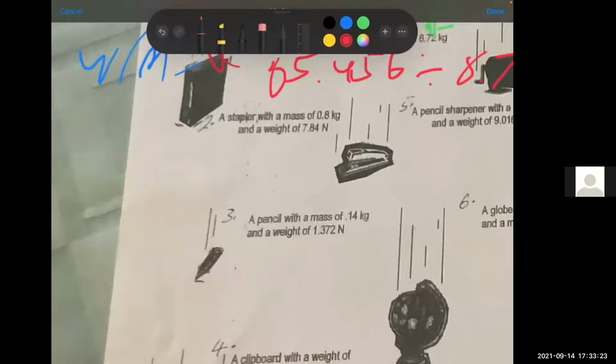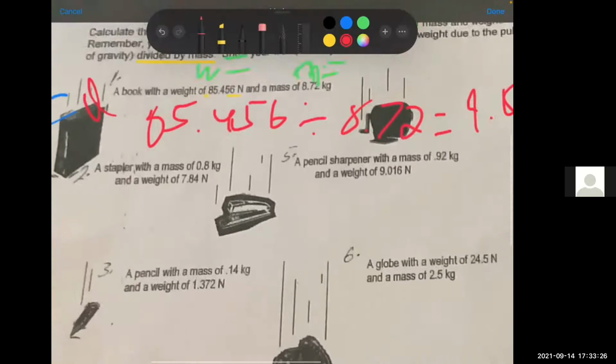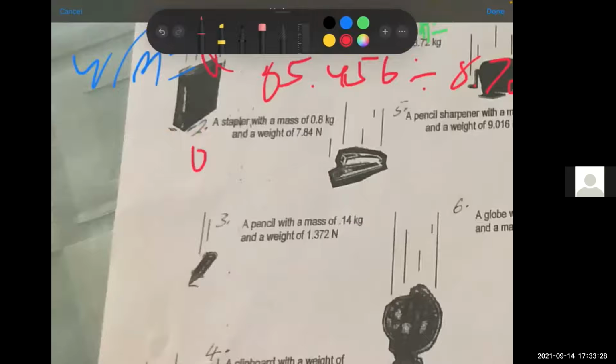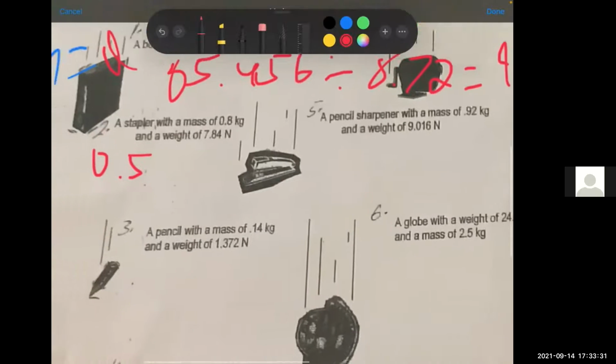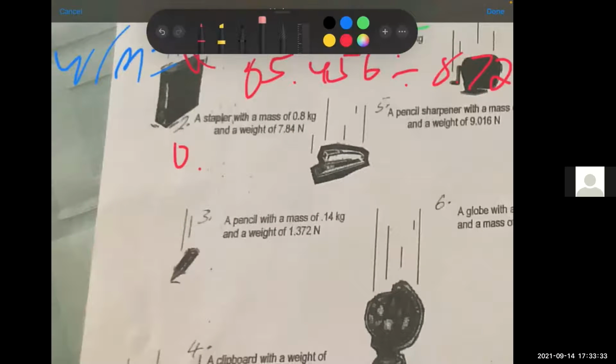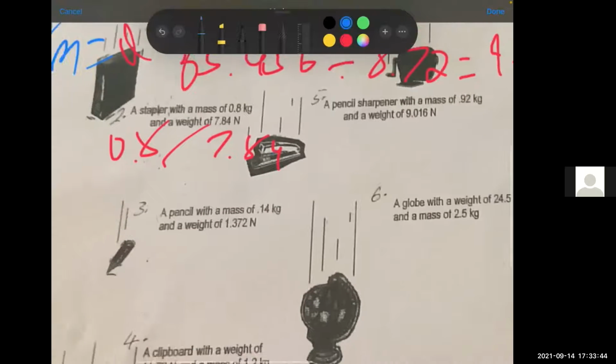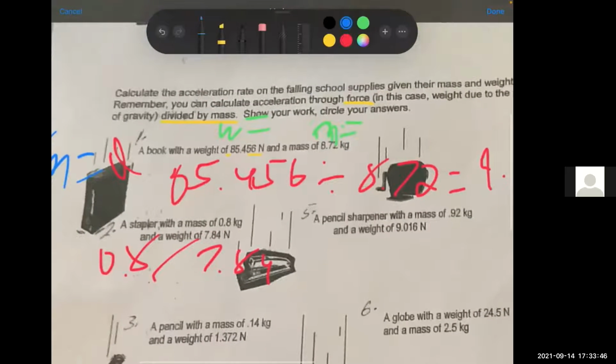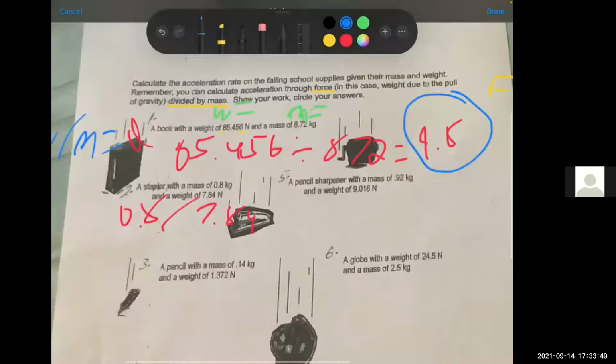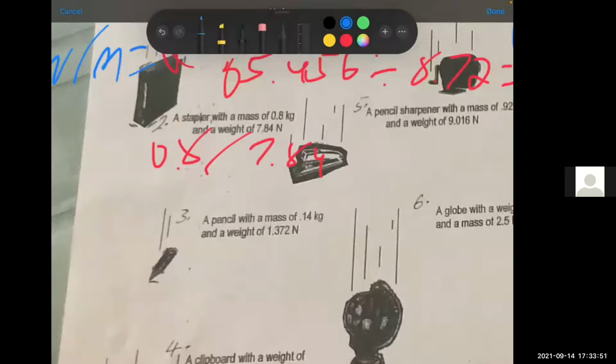So now, the mass divided by 7.84. See, this one's 9.8.